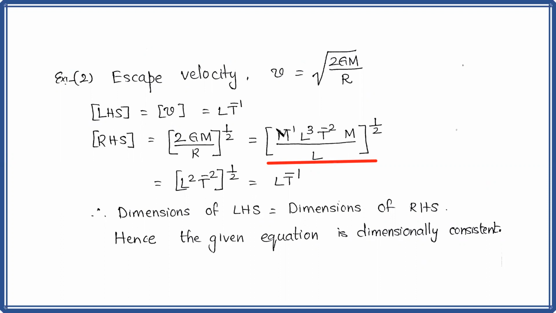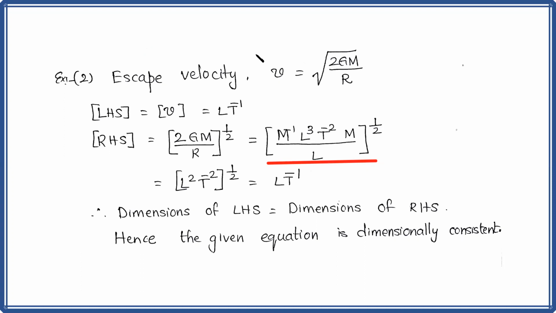Now you can see M^-1 and M^+1 cancel, and L^3 with this L in the denominator becomes L^2, and T^-2. Finally, whole to the power of half, that is under root, it becomes LT^-1.